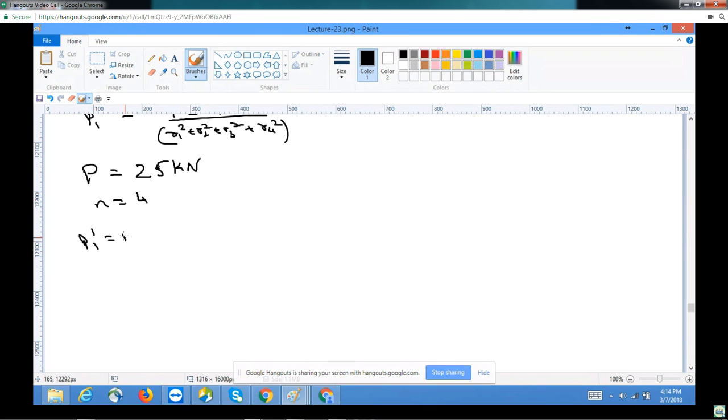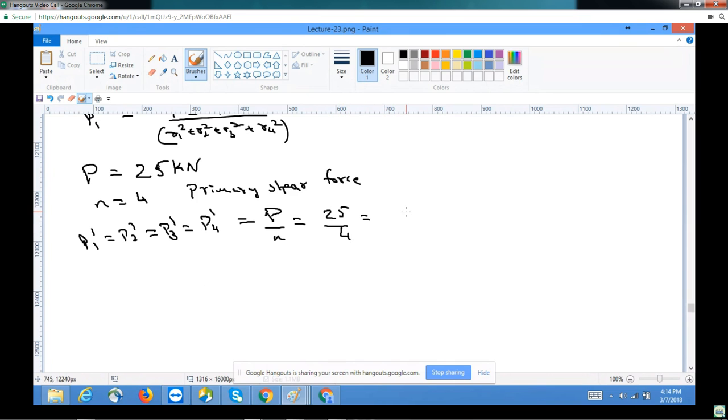So the primary shear forces P1 dash, P2 dash, P3 dash, P4 dash are given by P divided by N, that is 25 divided by 4, which equals 6.25 kilonewtons, that is 6250 newtons.